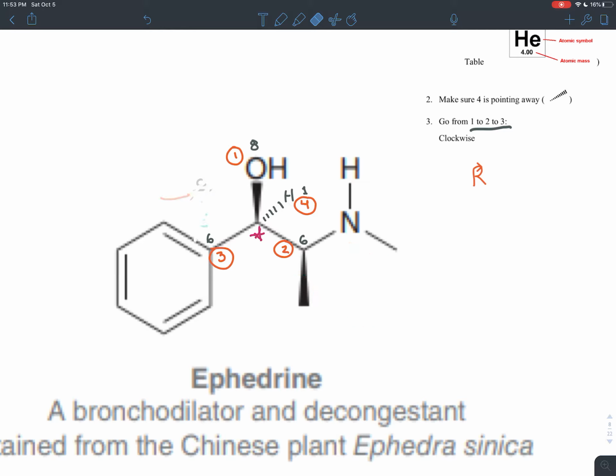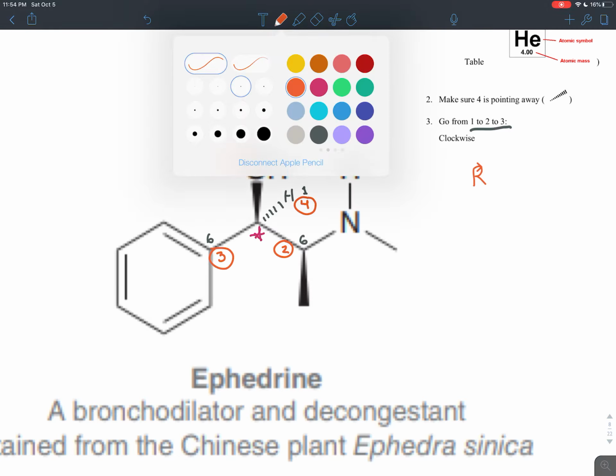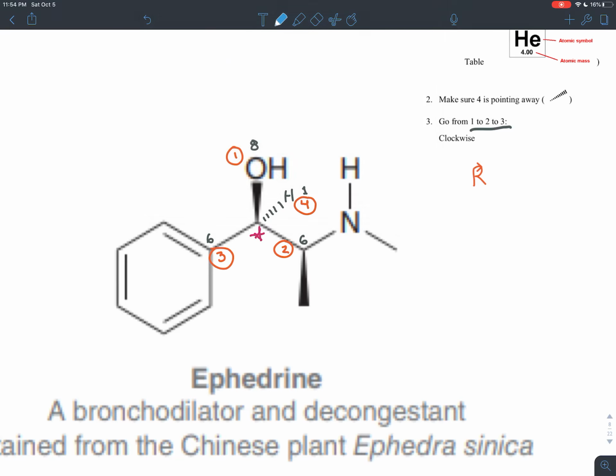So that's the first step, assigning priorities based on atomic number. The second step is to make sure 4 is going away, and conveniently it is here. We'll talk about what to do if it's not when that comes up. So if 4 is going away, we basically can ignore it, and we're going to go from carbon number 1 to carbon number 2 to carbon number 3.